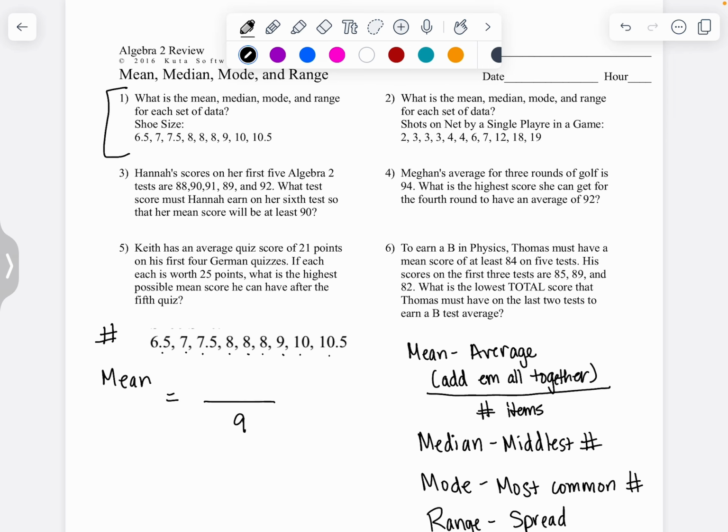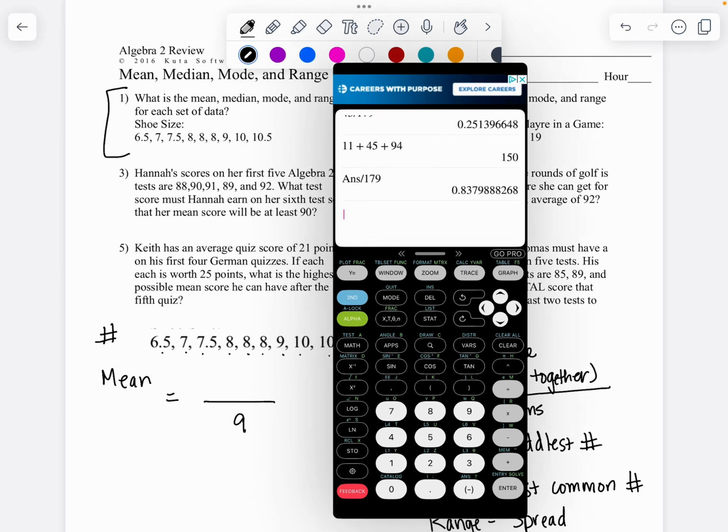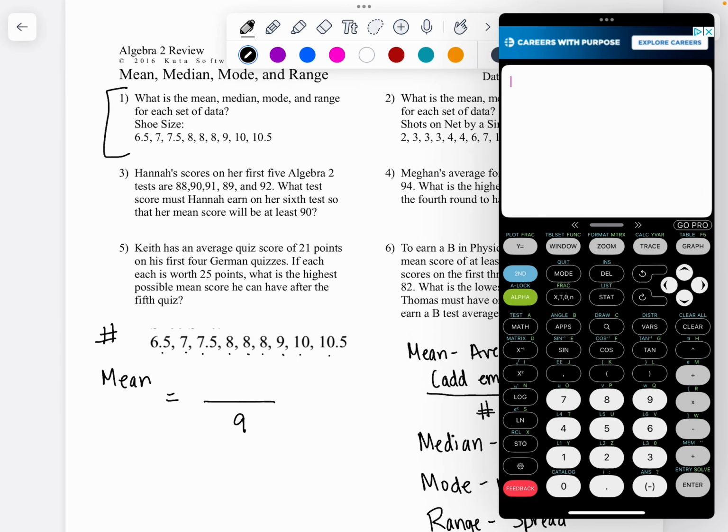And I'm grabbing my calculator because I am lazy and I'm not going to add that in my head. And I'm just going to add them up. 6.5 plus 7 plus 7.5 plus 8 plus 8 plus 8 plus 9 plus 10 plus 10.5. Oh, and look at that. I did not have a 10. I had a 1.0.